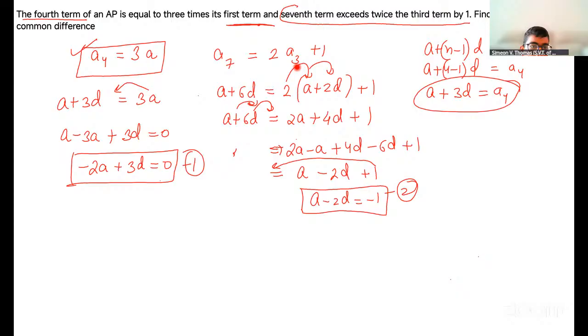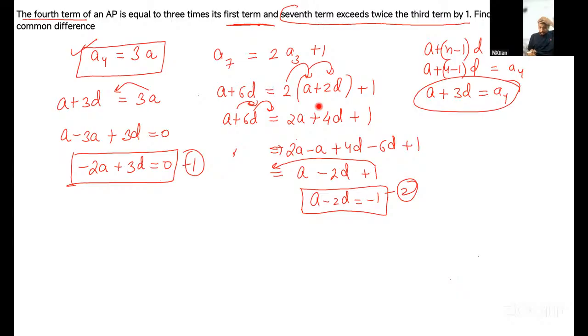If A3 is there, then what will I write? 3. Yeah. So 3 minus 1, 2D. That's where 2D came. Like A3, I wrote A plus 2D. Understood? Everyone understood? Yes.